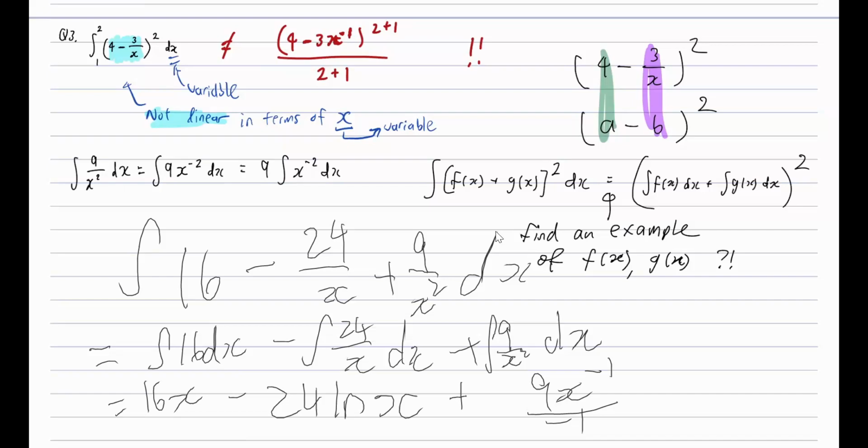Oh yes, you're correct, it should be a minus sign. I wrote the wrong sign. I just did the undo thing. That's my bad. So negative 9 over x.